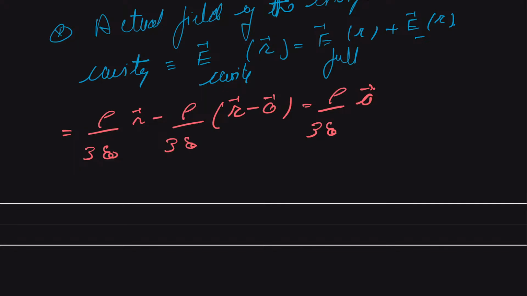Here we can clearly see that our electric field, because of the cavity, is independent of our R. It is only dependent upon the A. So we can say which is uniform inside the cavity.